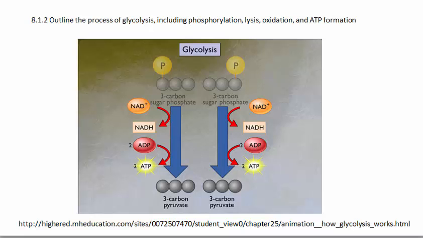So as a review of that video, we'll take a look at 8.1.2, which is outline the process of glycolysis, including phosphorylation, lysis, oxidation, and ATP formation. So in the first step of glycolysis, you had to add the phosphates to the 6-carbon glucose. That's what phosphorylation is.